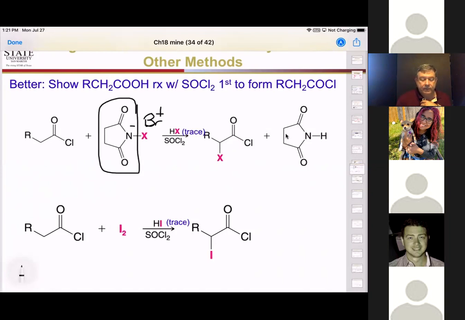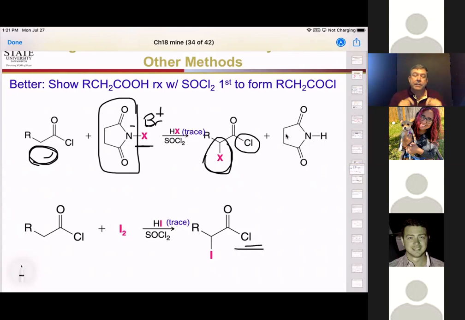So in the case of the species here, we can actually get selective halogenation. We can put whatever halogen we have on this NBS, and it stays exactly in this alpha position. So in the case of this right here, we could add bromine and still have our acid halide. In the case of if we used iodine, we can actually put an iodine there and still have our acid halide.